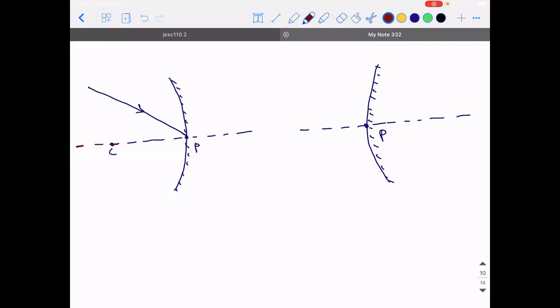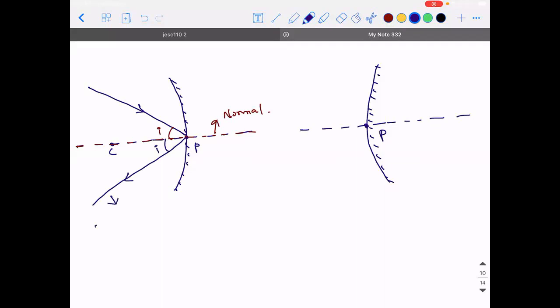You need to draw a normal, right? So in this case, the normal will be the principal axis itself. So if this is the angle of incidence, what will be the angle of reflection? The angle of reflection will also be the same.